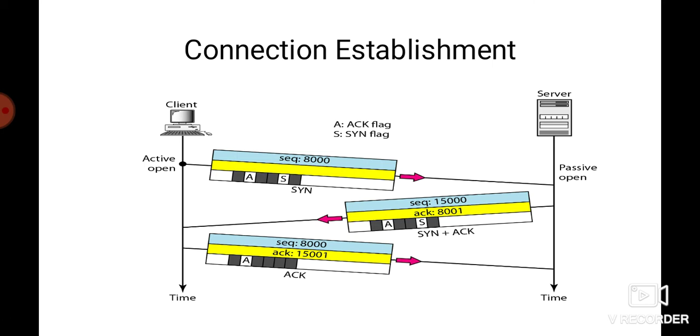This segment is used for synchronization of sequence numbers. It consumes one sequence number, and when the data transfer starts, the sequence number is incremented by 1. The SYN segment carries no real data, but we can assume one imaginary byte, because it consumes one sequence number.